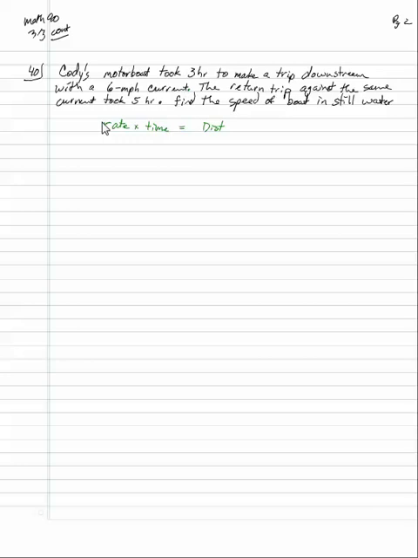And I kind of do overkill with distance problems. I usually make a chart, a table, and I also make a drawing. Here's my drawing. We're going downstream for 3 hours, and then we're going to return.